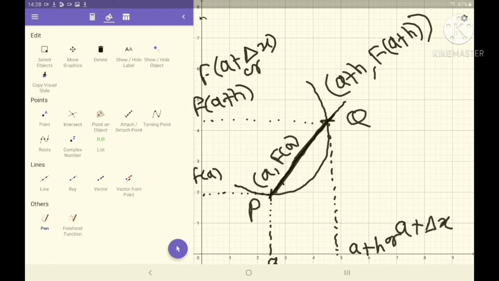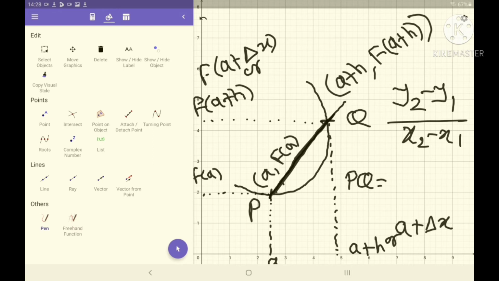Now see, if I want to find out slope, then what to do here? You have to use the formula y2 minus y1 upon x2 minus x1. If I want to find the slope of PQ, then this is nothing but y2 minus y1 over x2 minus x1. So here my y2 is f of a plus h and y1 is f of a.